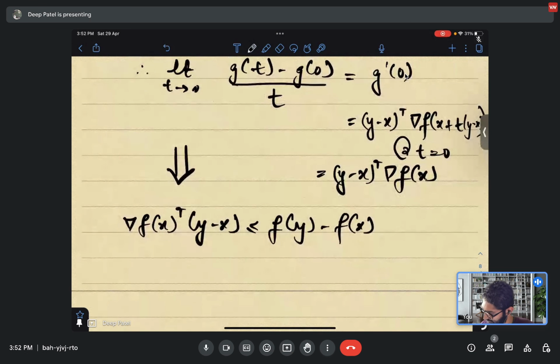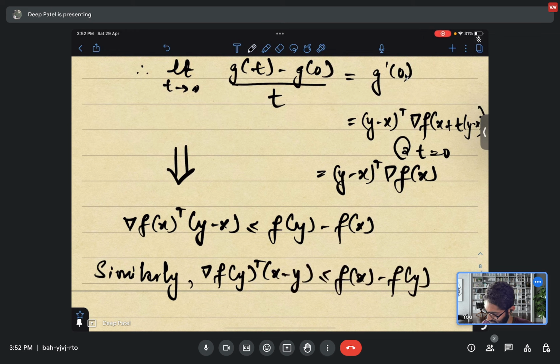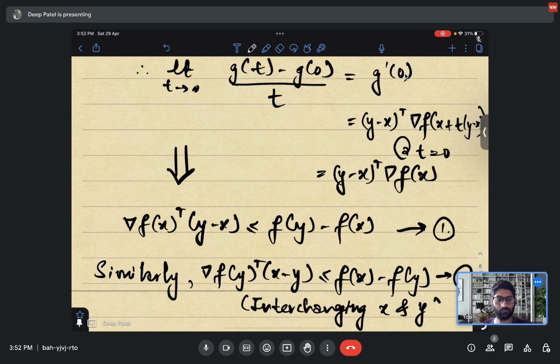Okay, similarly you can interchange x and y, and what you can get is... is that fine?